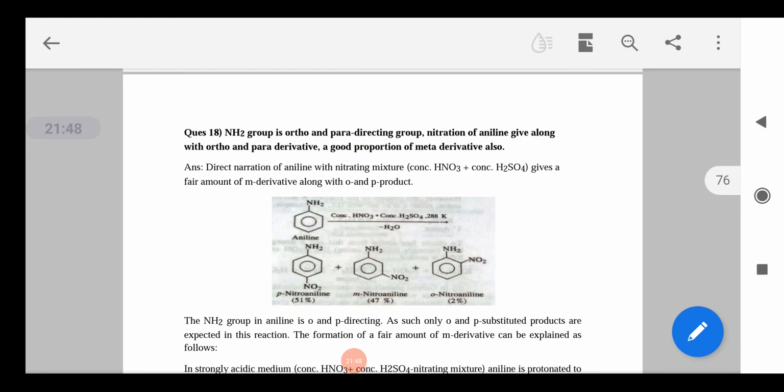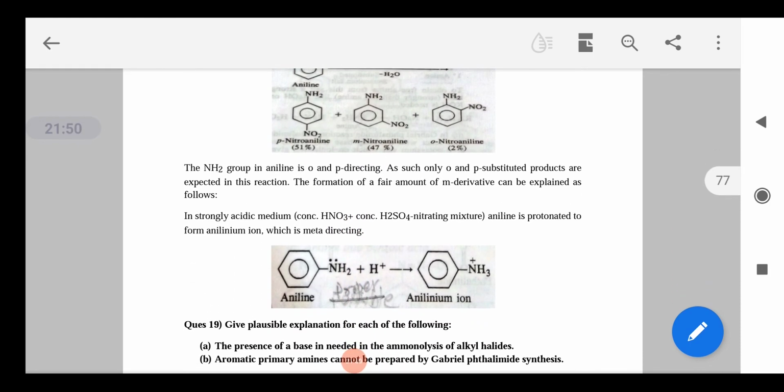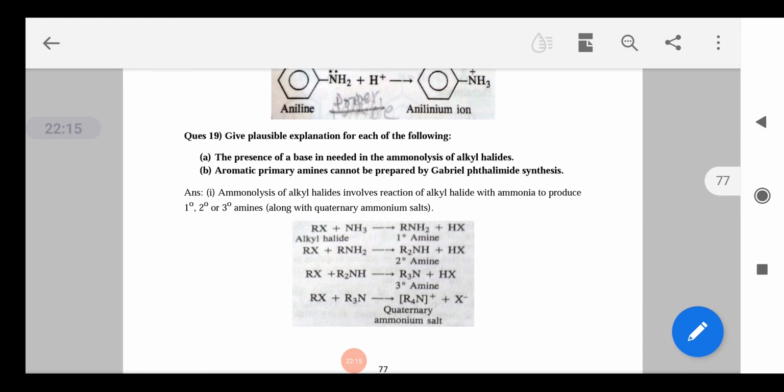Now for this the justification is that during the nitration the acid releases a proton, which is electron deficient, and the NH2 group is electron rich, so when it attacks the NH2 group it forms anilinium ion, and this anilinium ion is meta directing in nature. That is why during the nitration of aniline meta product is also formed.